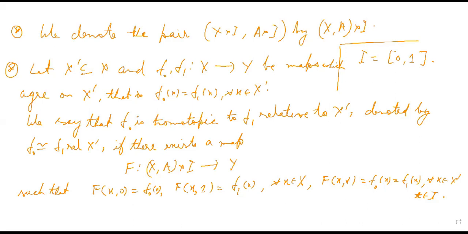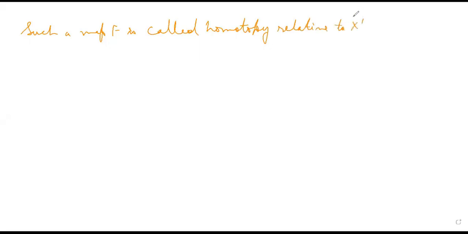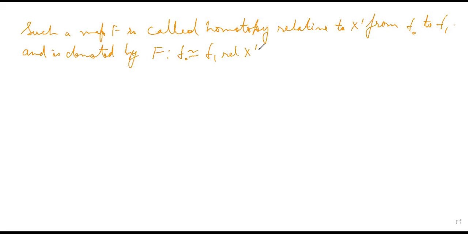And such a map F is called a homotopy relative to X prime from f0 to f1, and is denoted by F from f0 to f1 relative to X prime.